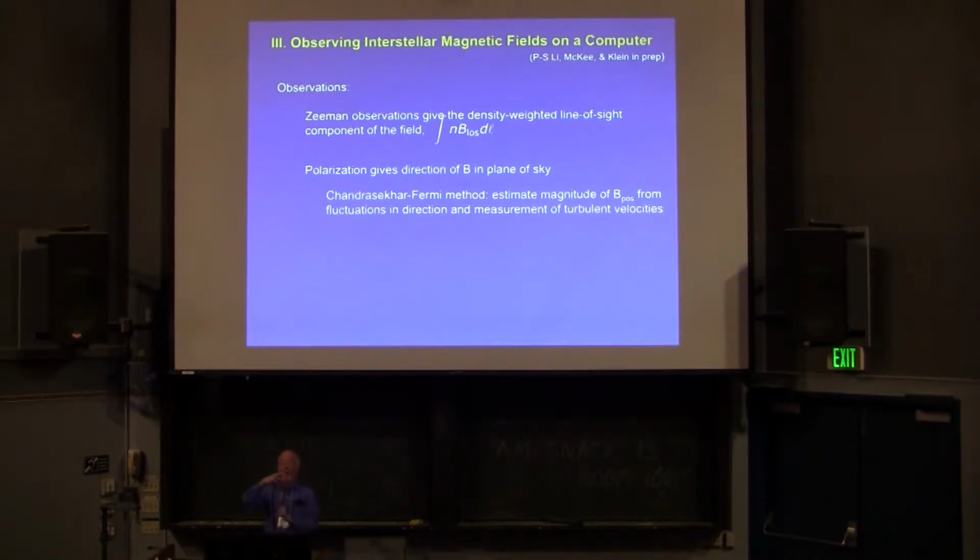They will absorb the radiation with the polarization that has the plane parallel to the floor and pass the radiation that is polarized along the magnetic field. On the other hand, if I start wiggling the field lines around, then I'm going to start getting a dispersion in the directions of the polarization. And I can then relate the magnitude of that dispersion to the Alfvén Mach number of the gas.